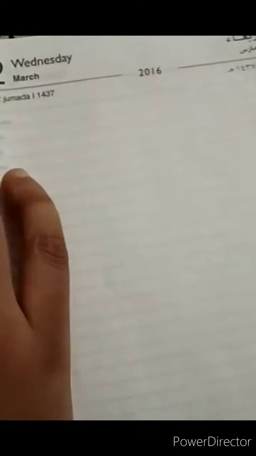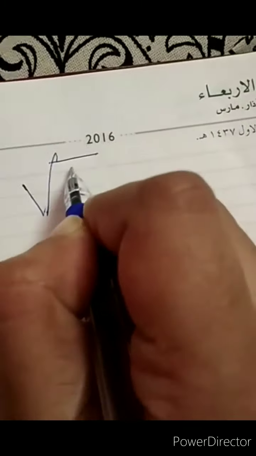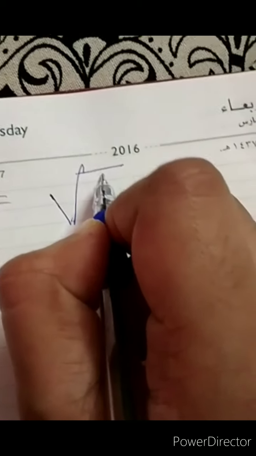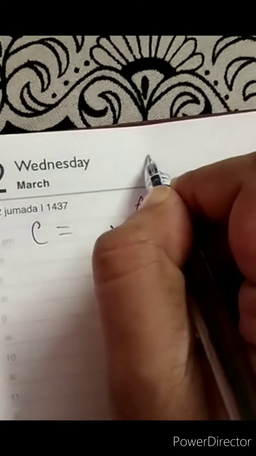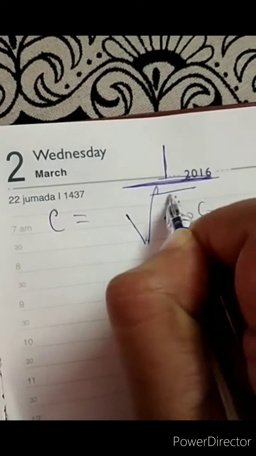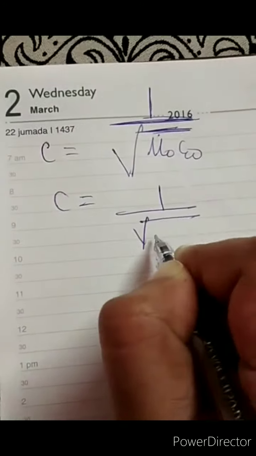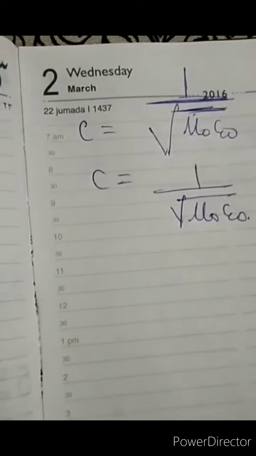Hope you already did this and have tried your best. Now it's my turn. As you know, the relationship between permittivity and permeability says C, the speed of light, is equal to 1 upon root of mu 0 into epsilon 0.